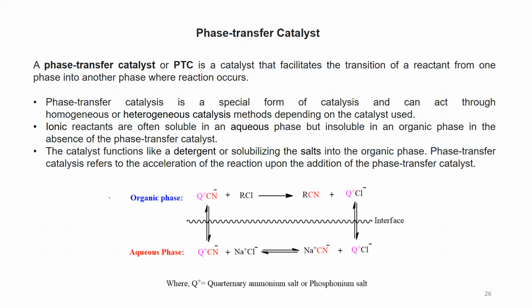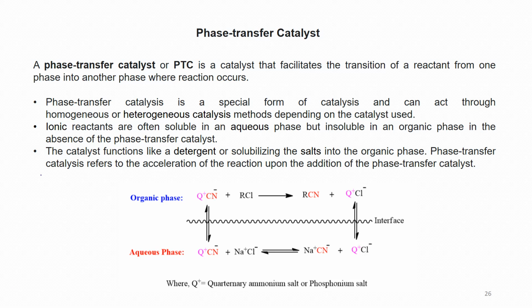Ionic reactants are often soluble in the aqueous phase but insoluble in the organic phase in absence of phase transfer catalysis. Suppose a reagent, some salt, is soluble in the aqueous phase, not in the organic phase. The catalyst functions like a detergent, solubilizing the salts into the organic phase. Phase transfer catalysis refers to the acceleration of the reaction upon the addition of the phase transfer catalyst.